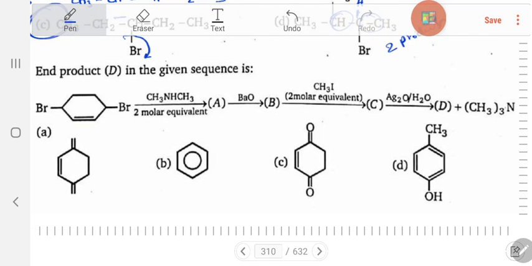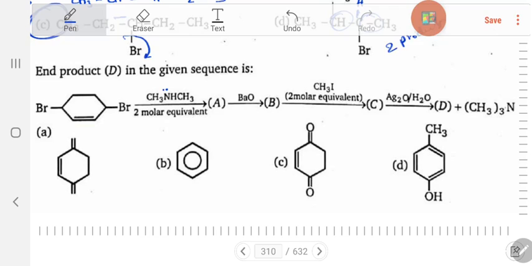So the first step is we are providing a neutral base. When you provide a neutral base and we have not heated, so without heating, when you are providing a neutral basic system, it prefers the SN2 mechanism.